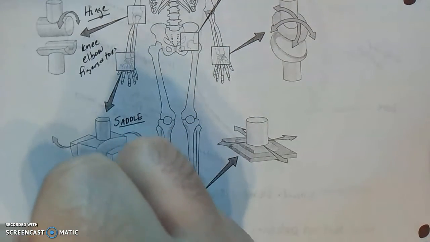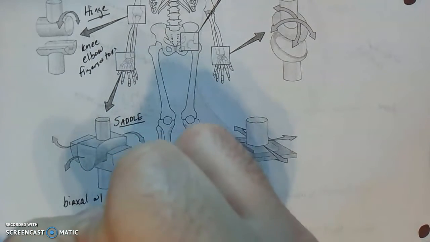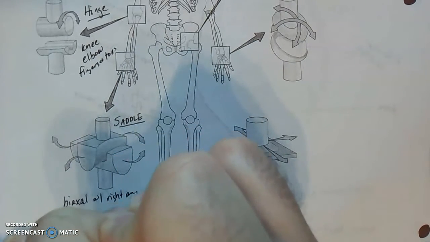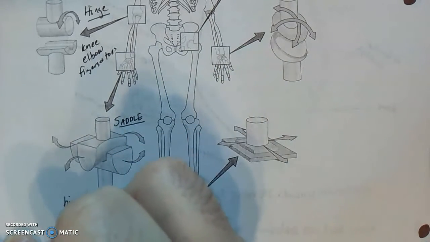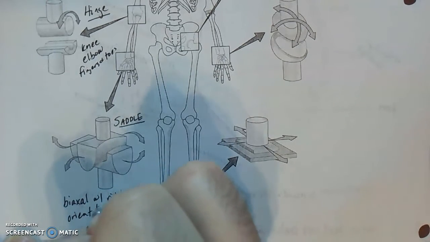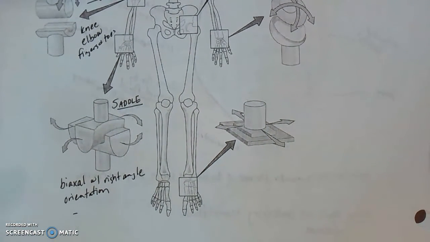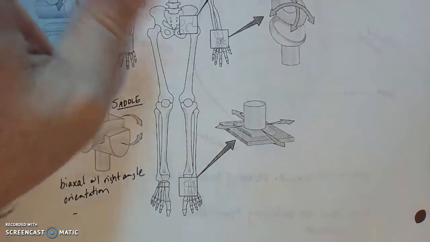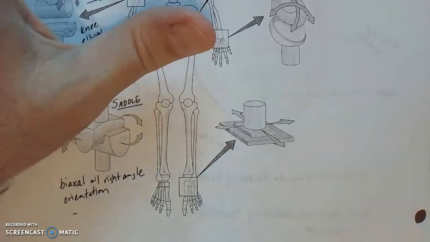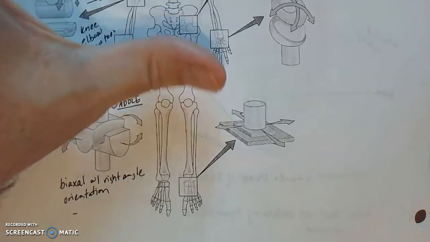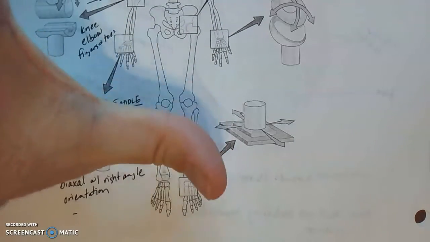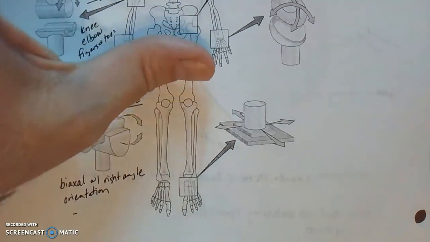So this is biaxial with a right angle orientation. And this is where our opposable thumbs come into place because we can move our thumb like this, but we can also move it up and down.